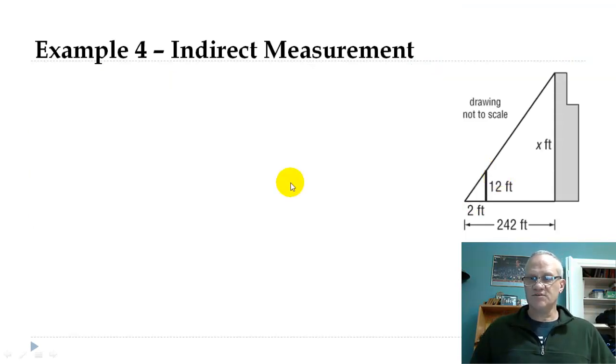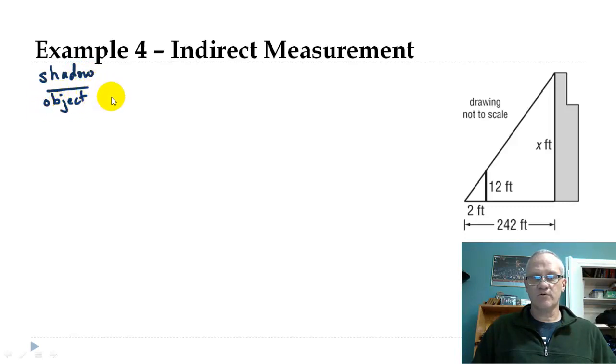I'm going to give myself some room to work in the second slide here. So we're just going to set up a proportion. It doesn't matter which way you do this, but I'm going to do shadow over whatever the object is, the light or the Sears Tower. So the shadow of the light pole is 2.